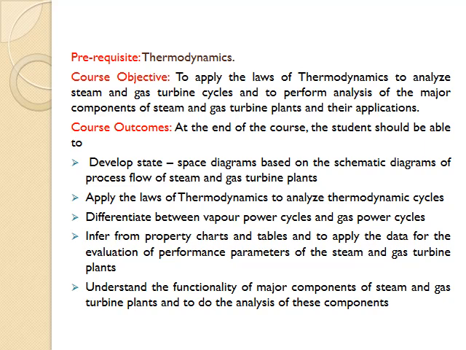Understand the functionality of major components of steam and gas turbine plants and do the analysis of those components. Okay, this is about the prerequisite, course objective and course outcomes of Thermal Engineering 2.